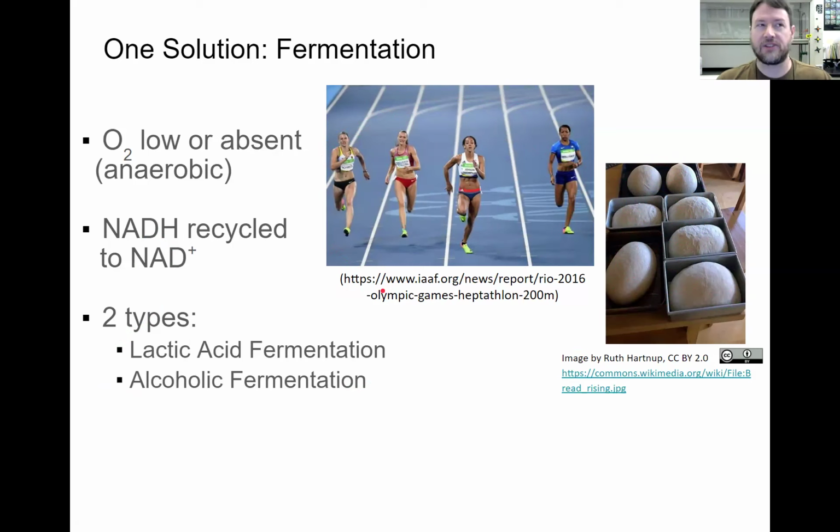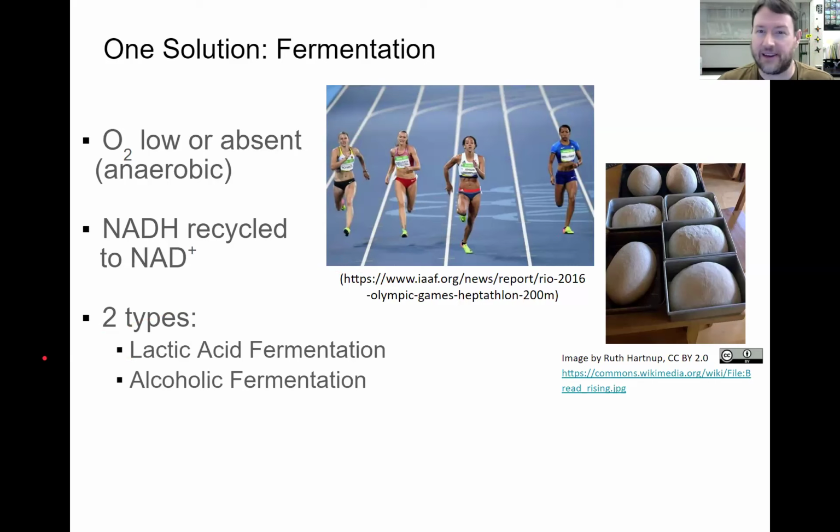If you are ever short of breath, exerting yourself so hard that you can't catch your breath, your cells can't get enough oxygen to those mitochondria to fully break down glucose with oxygen. Well, what's going to happen is this lactic acid fermentation.